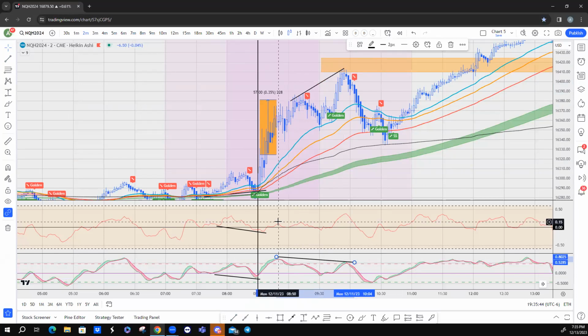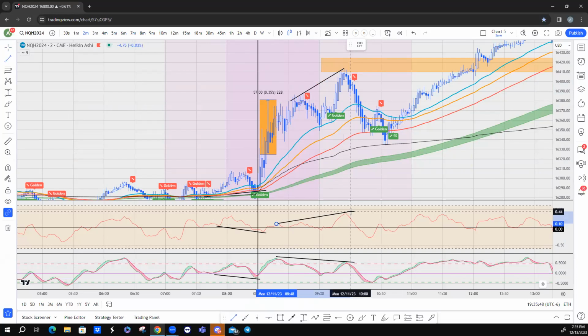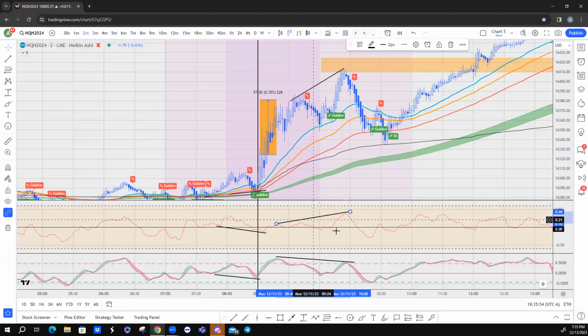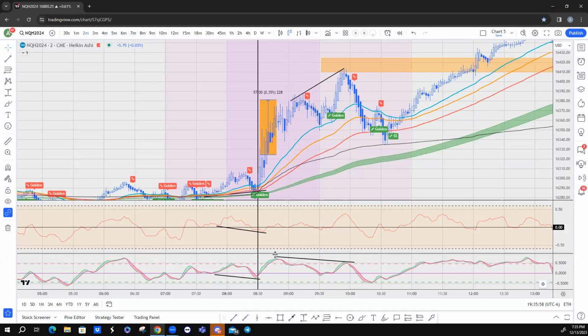So here, it's not doing it, okay? Right here, you can see it's going the same way. It's making a higher high. This is making a higher high. So this one is a void, but on the TSI, it's making a lower low right here. So it does the opposite, okay?